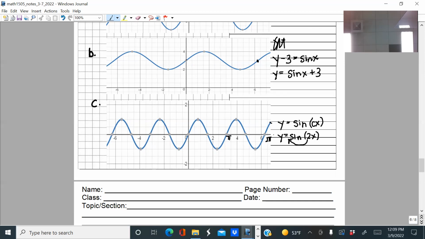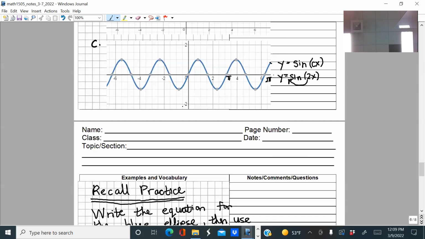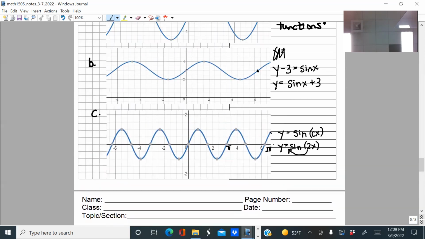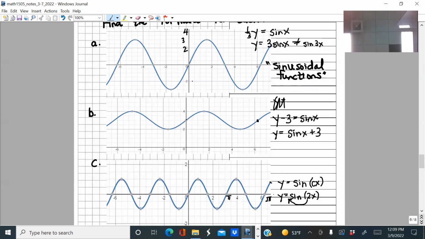In other words, you're going to change the height of the sine curve, the amplitude, which normally is 1. Normally, we just go up to 1 on the y-axis. If you put the 2 outside, you'll go up to 2 on the y-axis. Unfortunately, we didn't do any horizontal shifts. And those are fun with sinusoidal curves, so we'll get to those eventually.